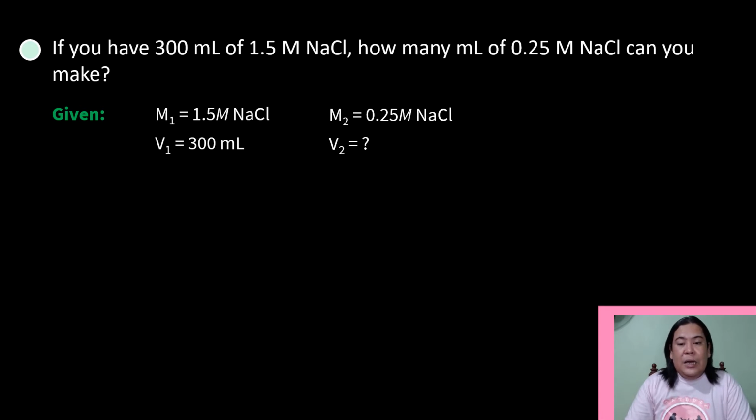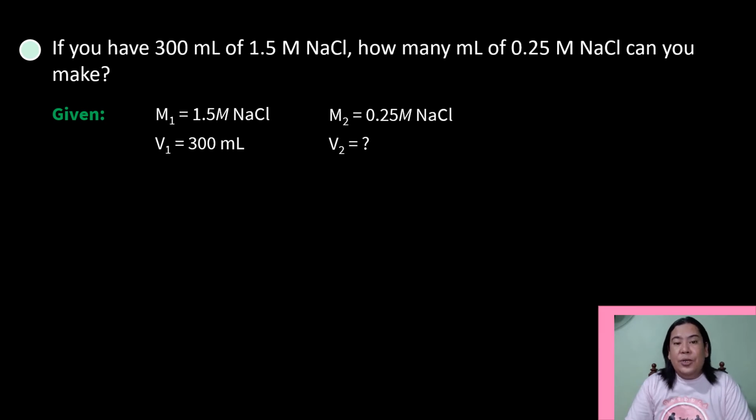Which is greater? This is 1.5. M1 is always higher than M2. So lagay nyo na kagad yung 1.5 sa initial concentration and then yung 0.25 dun sa final concentration, which is your M sub 2. And then analyze the problem. So how many ml can you make?